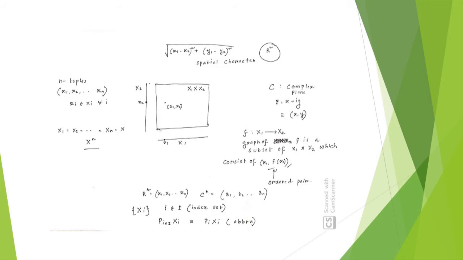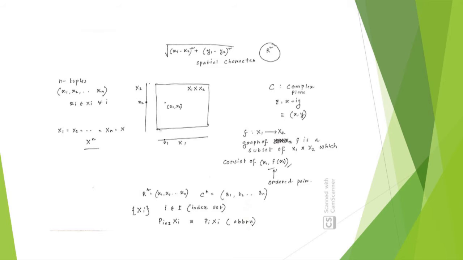This definition of the product of two sets extends easily to the case of n sets for any positive integer n. So we can take capital X1, capital X2 up to capital Xn.